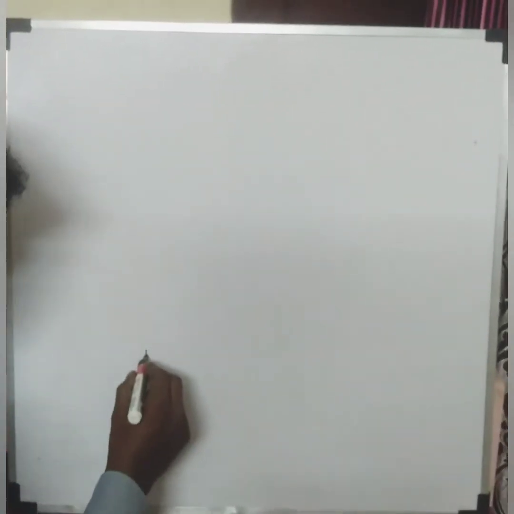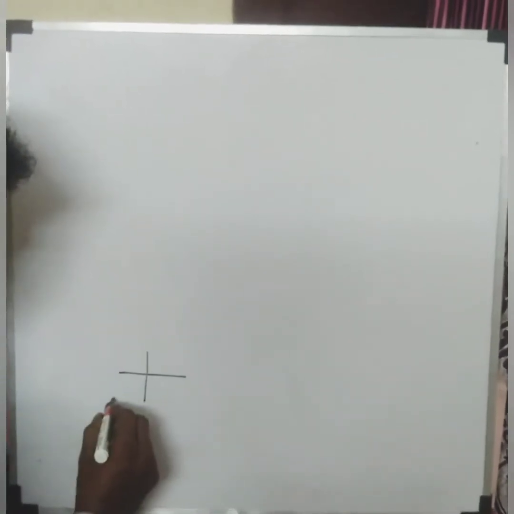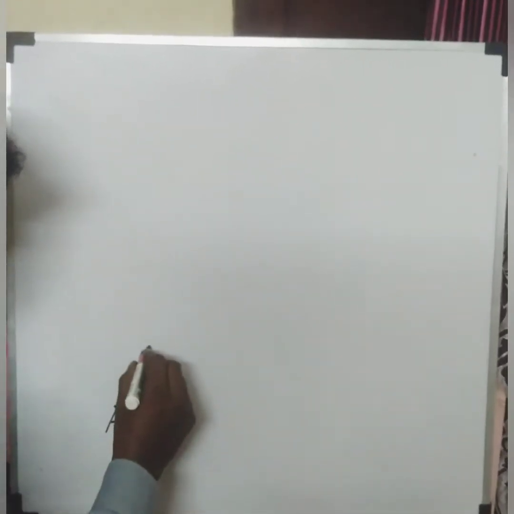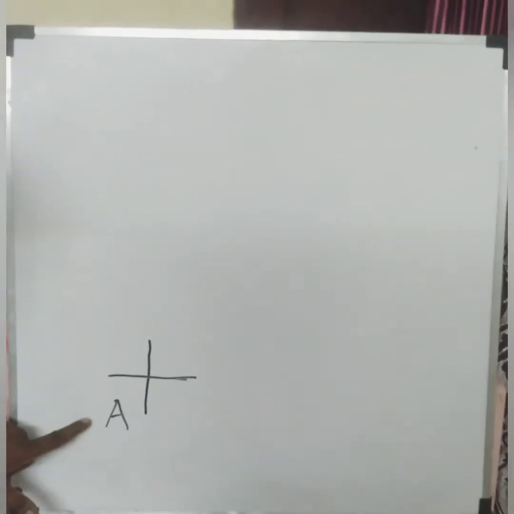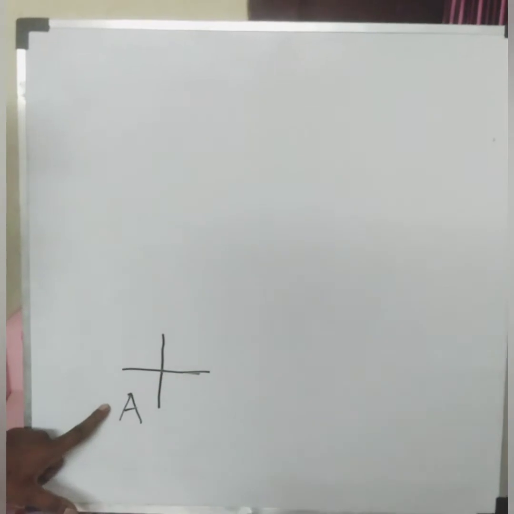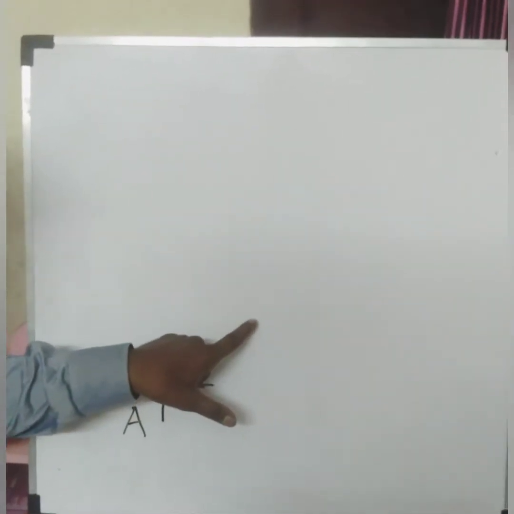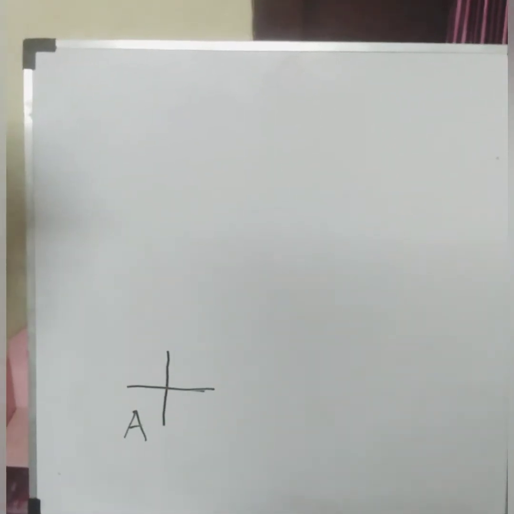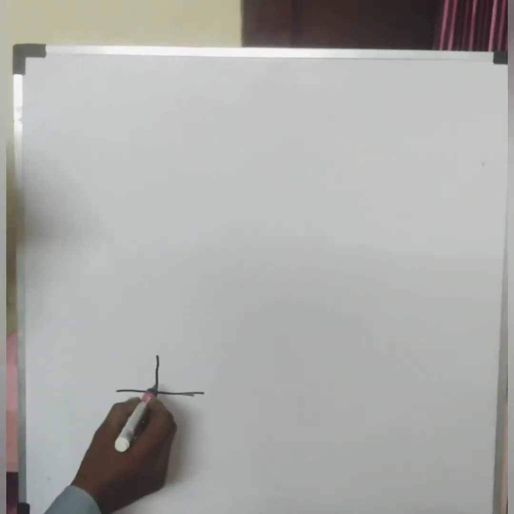How to plot? First, the station A. This is the station A. From station A, the line extends towards B with the fore bearing of 45 degrees 45 minutes.